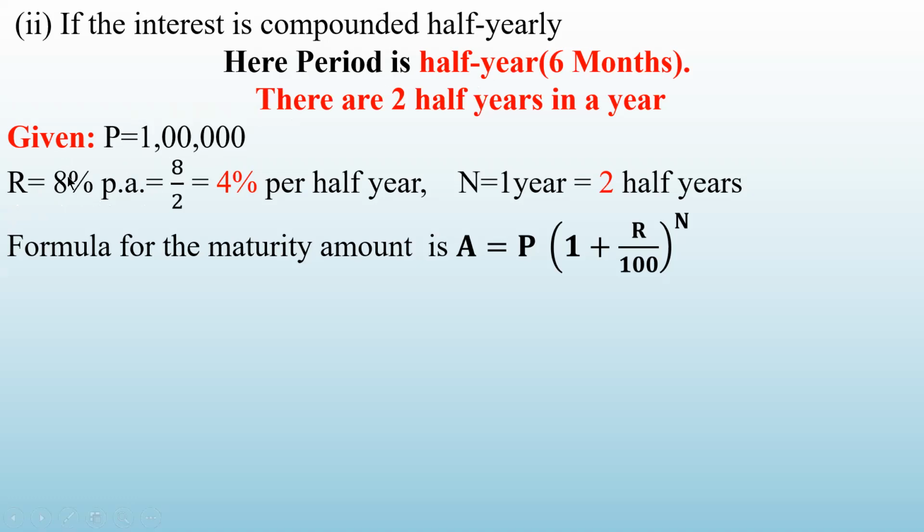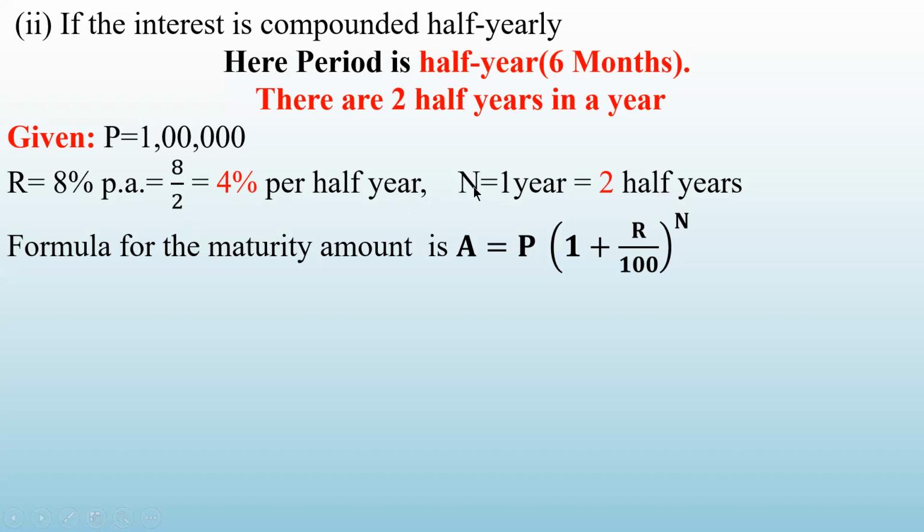For the whole year, the interest is 8, so for half year, it will be 8 upon 2. Divide 8 by 2, that gives you 4. So that means 4% per half year. So we have converted the interest from per annum to per half year. How will you convert? For per annum, that means for the whole year, the interest is 8. If you want the interest for half year, divide 8 by 2. So you'll get 4% per half year.